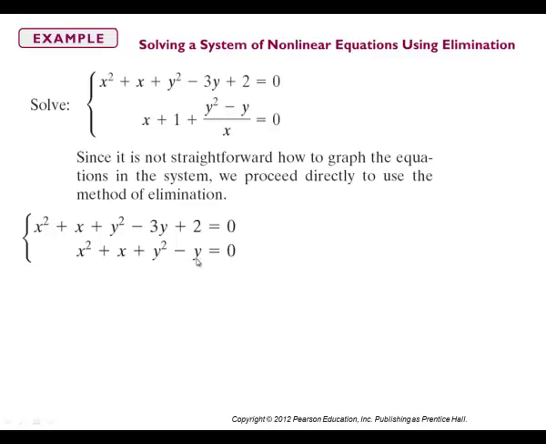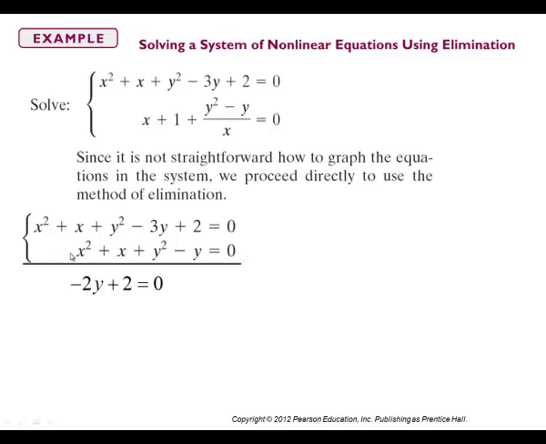Okay, so at this point, we want to try to eliminate, let's see, first of all, if we can combine anything. There's nothing to combine here, but we can go ahead and apply a negative to the bottom.